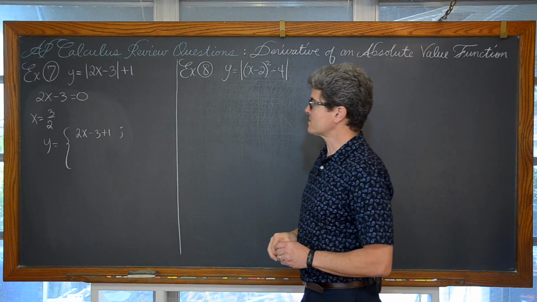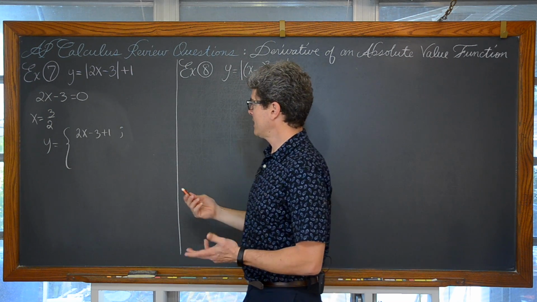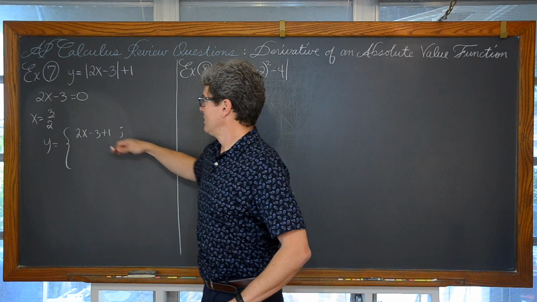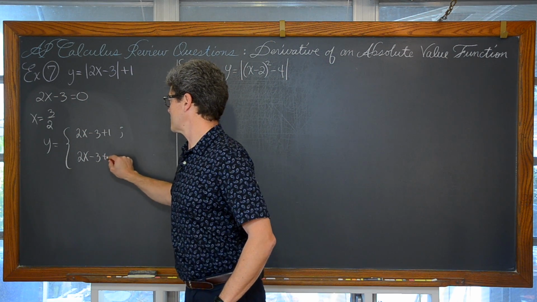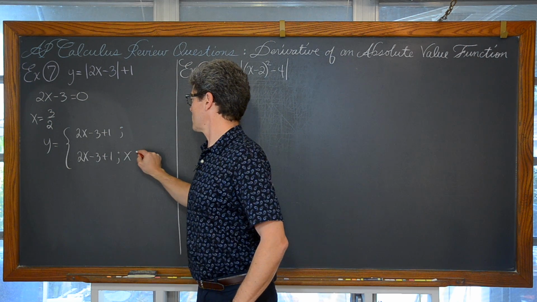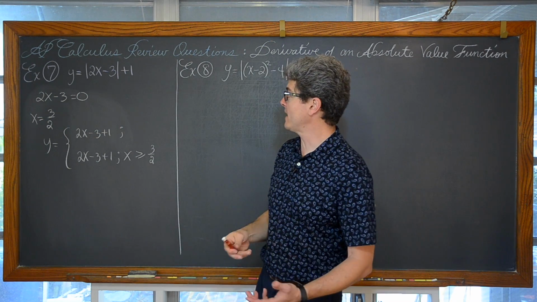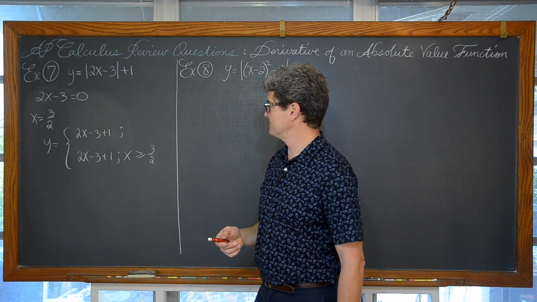and that's going to be our function for all x's that are, and I want my conditions to go from low to high. So actually, the absolute value symbols did nothing per se when x was greater than or equal to 3/2. If you do put in 3/2, then 2 times 3/2 is equal to 3.